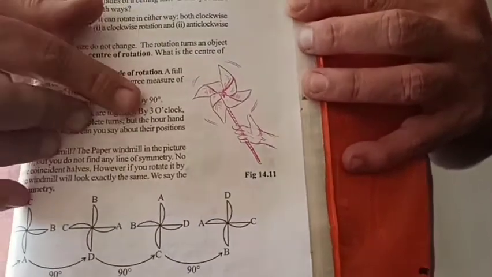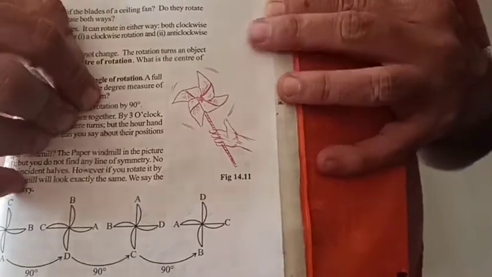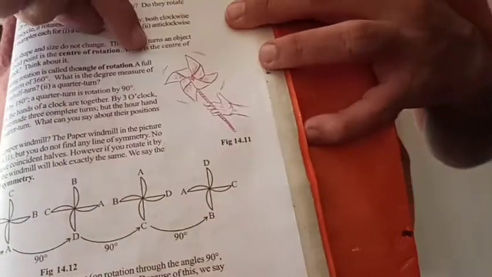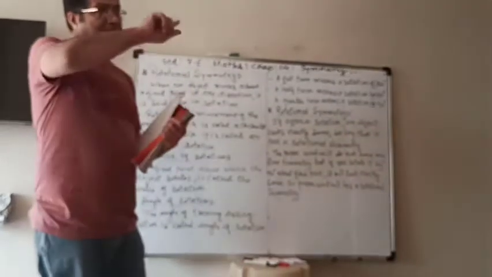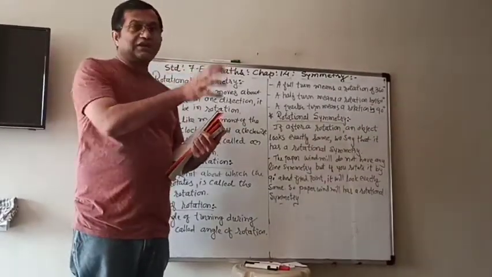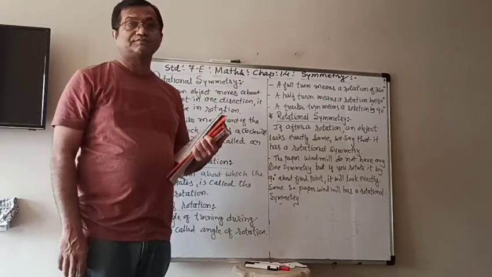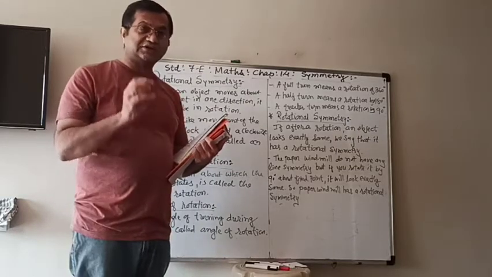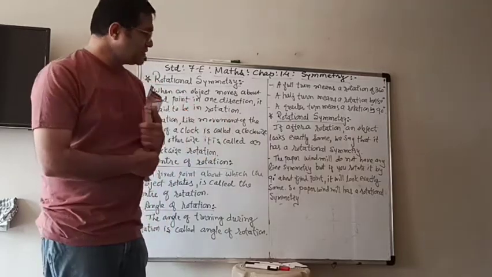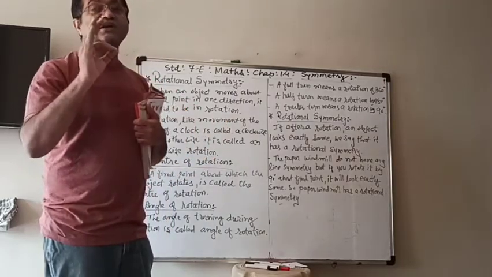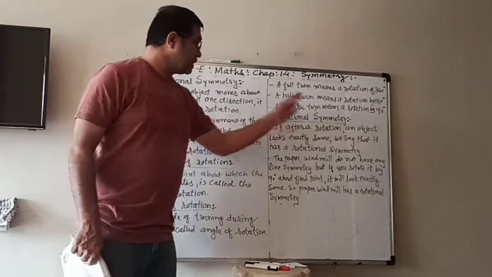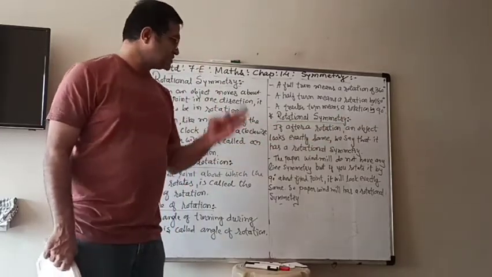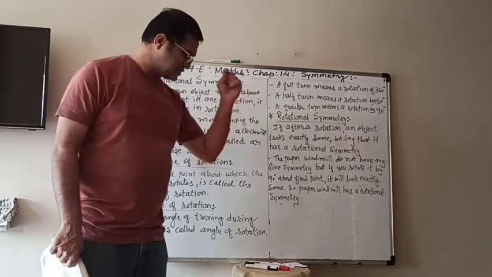No. It does not have any line symmetry, because if you make the line from the middle also, both sides are not the same. But when you rotate it, means when you make the turn, then after turning, it still looks the same. When it is rotated, it looks the same. It means that it has a rotational symmetry. So, if after a rotation, an object looks exactly the same, we say that it has a rotational symmetry.